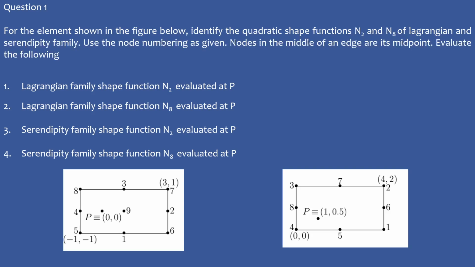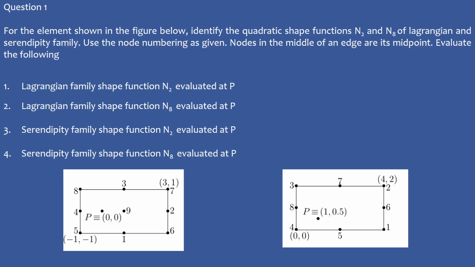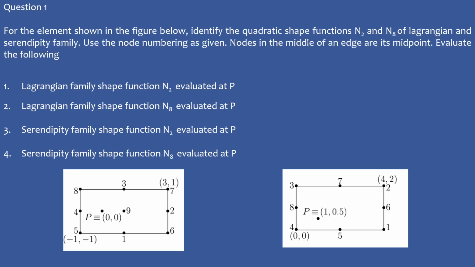First, the Lagrangian family shape function N2 evaluated at P. Lagrangian family shape function N1 evaluated at P. Serendipity family shape function N2 evaluated at P. Serendipity family shape function N1 evaluated at P. You can read this particular question, try for some time, and after some time we are going to discuss this.